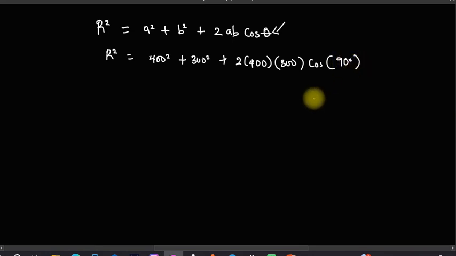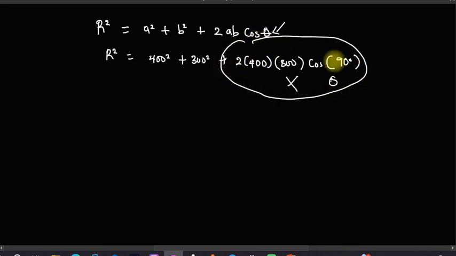So I'm going to use the 90 there, and you can see clearly that cos 90 is 0. So 0 multiplied through all this, that means everything here is 0. So we're even back to just Pythagoras theorem.